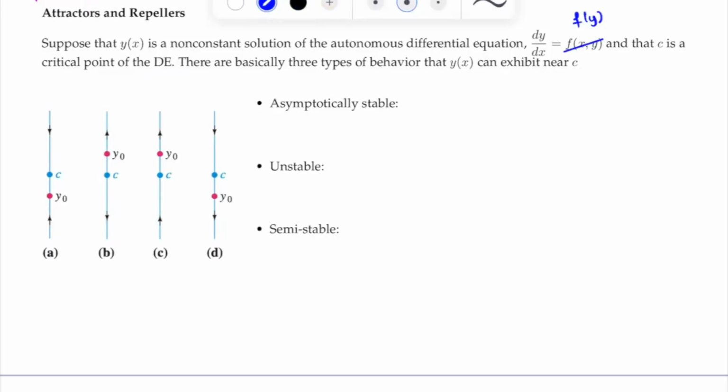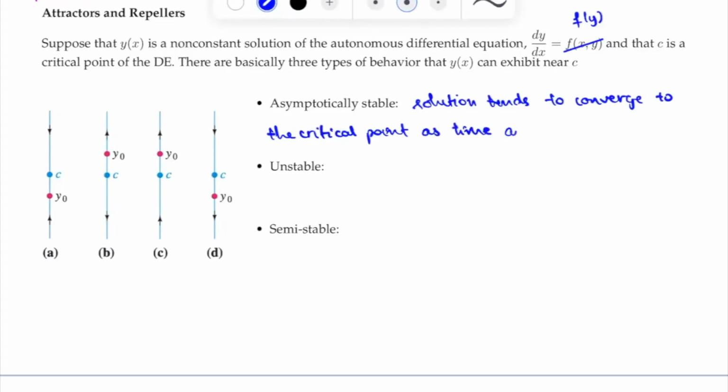For an asymptotically stable point, solutions tend to converge to the critical point as time approaches infinity.